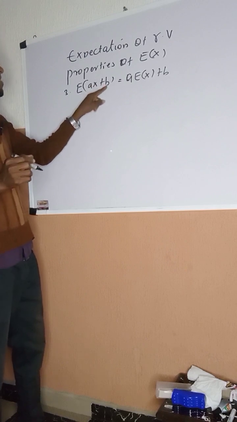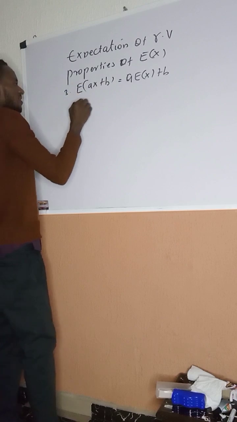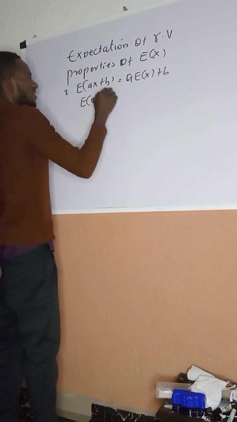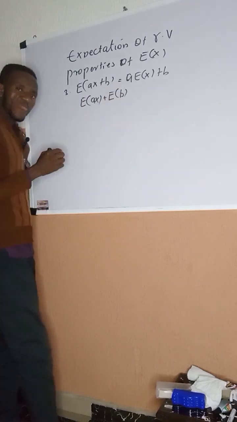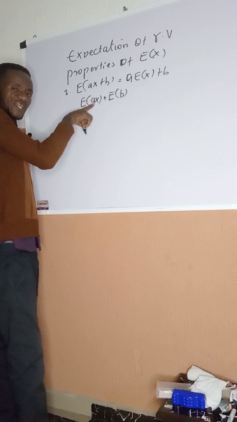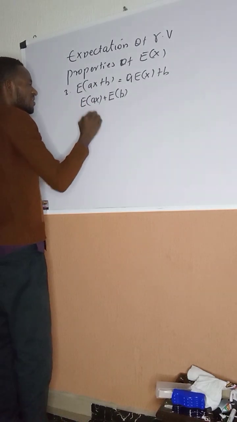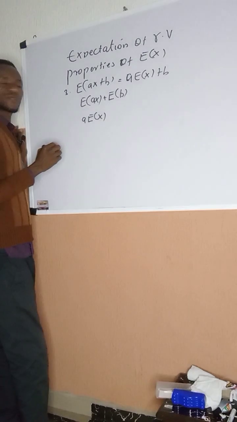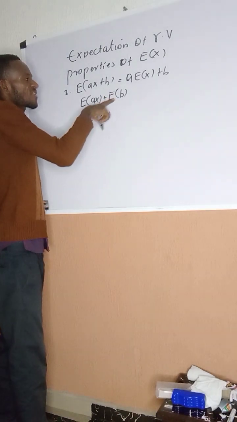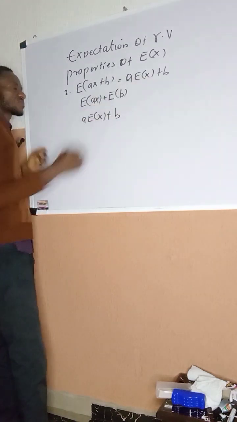Because if a and b are constants, this quantity can be expressed as E of aX plus E of b. And if this a is a constant, based on property number 2, it will be expressed as a E of X. And then based on property number 1, that says the expected value of a constant is a constant, it becomes b. And that's what we have here.